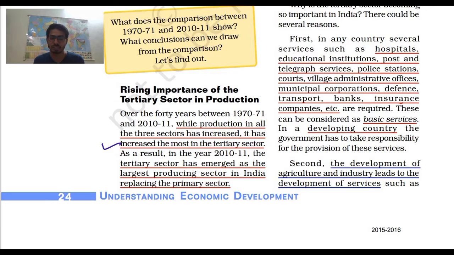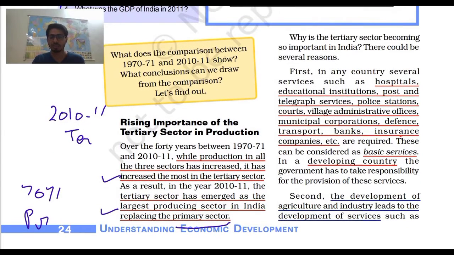Just now we have seen in the above graph that the tertiary sector has shown significant improvement. But what's the reason? The tertiary sector has emerged as the largest producing sector in India, replacing the primary sector. In the year 70-71, the primary sector was producing more, and in the year 2010-11, the tertiary sector is producing more. This we have to understand.